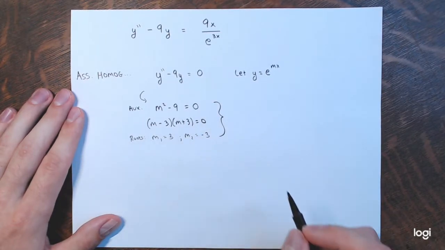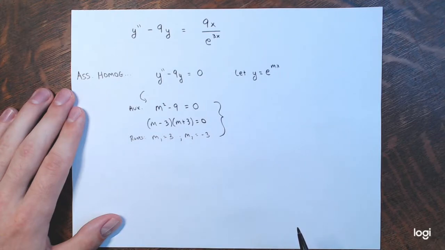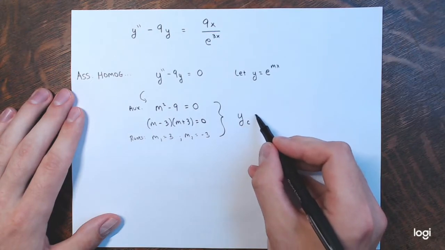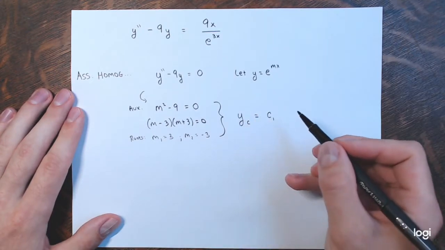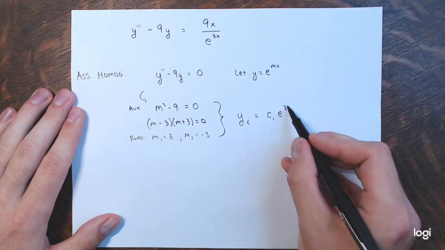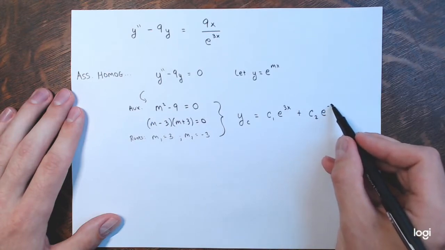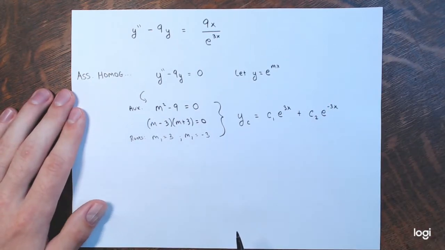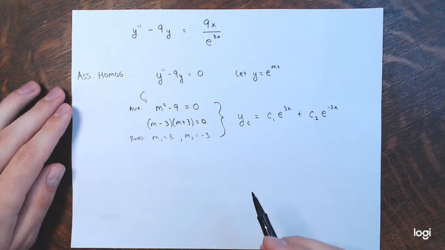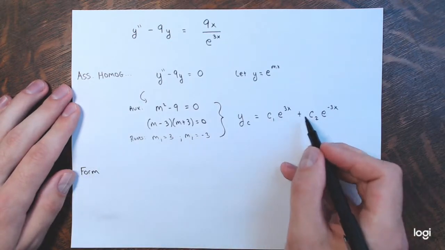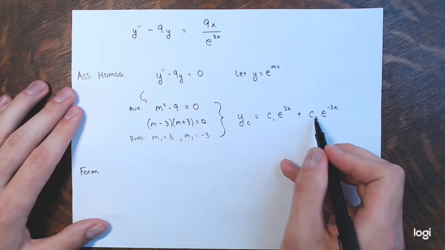And putting these together, we get our complementary function, right? The solution of the associated homogeneous equation. So yc equals some constant c1 times e to the 3x plus some constant c2 times e to the negative 3x. Now here comes the variation of these parameters c1 and c2. Instead of having those be constants, I'll replace them with functions that vary depending on x.